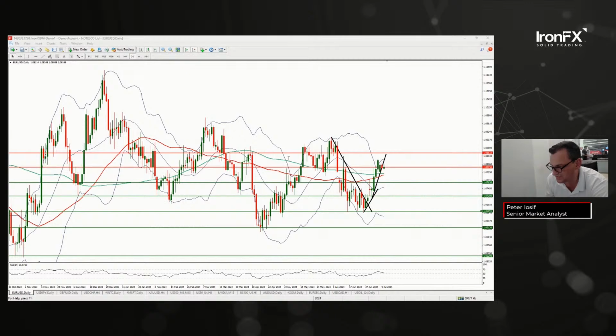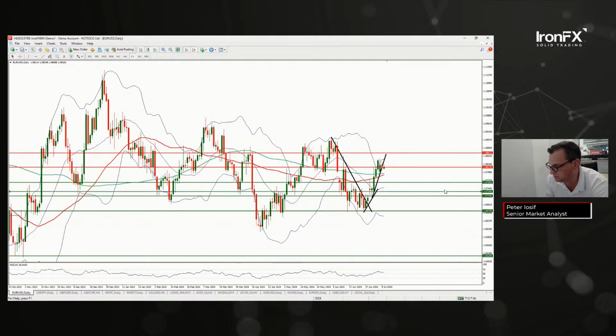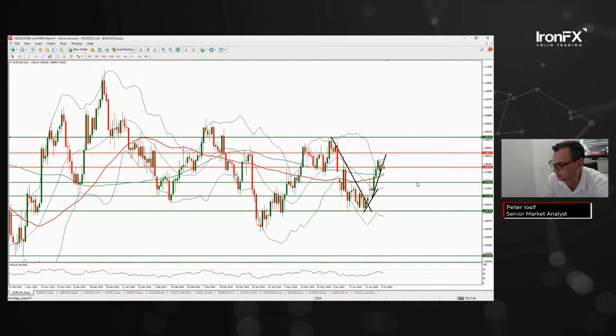Let's correct also the S3, which is now being placed at 1.0670. And let's search for a new ultimate resistance line, which is being set at this peak here. And that would be the 1.0915. Let's widen the chart, by the way.